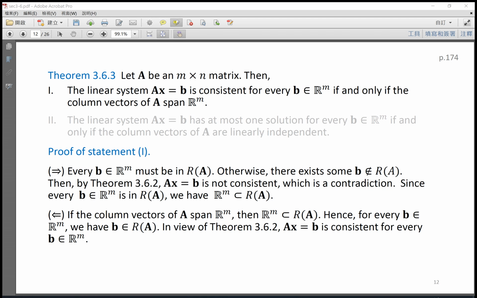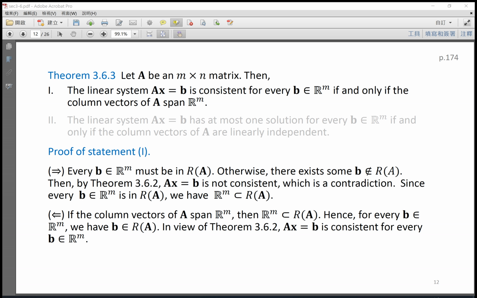Let's prove Theorem 3.6.3, which is a very important result when we want to analyze the solvability of linear equations. Theorem 3.6.3 has two statements. The first statement states that the linear system Ax equals b is consistent for every b in Rm, if and only if the column vectors of A span Rm.